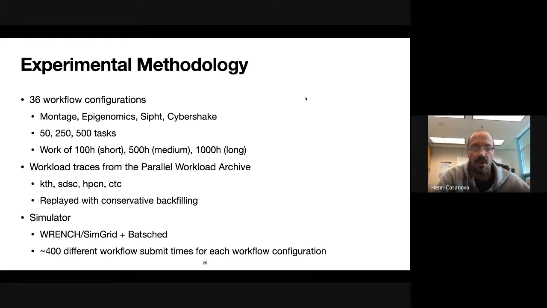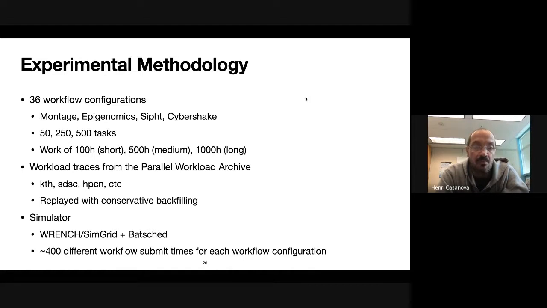In the current landscape of workflows. Of course, we use workload traces from the parallel workload archive, and we replay them with conservative backfilling. And we implemented a simulator using several technologies, the Range simulator, which builds on top of SimGrid, and the batch scheduling simulator. And all the code is, of course, open source and linked off the paper.